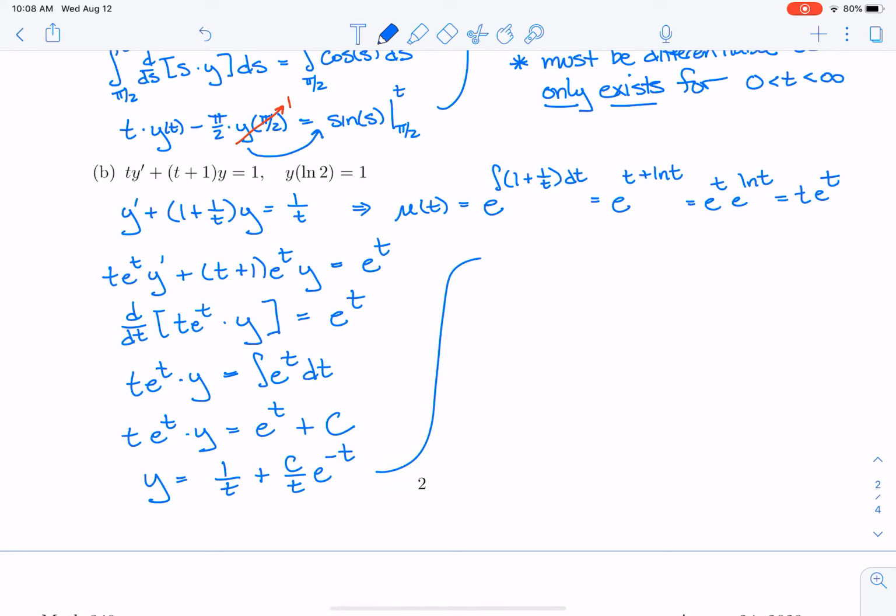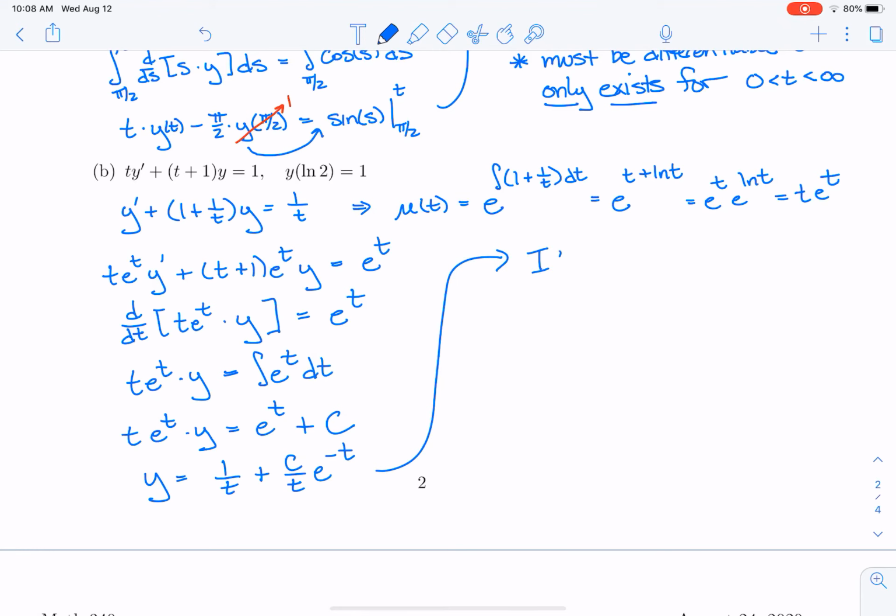Okay, so now I'm going to move on with my initial condition. I'm going to plug in the initial condition. Sometimes I write IC for initial condition. Okay, so y of natural log of 2 is supposed to equal 1.